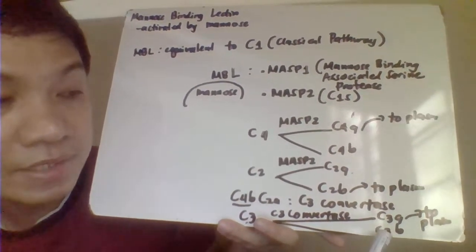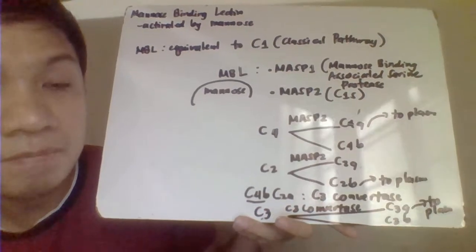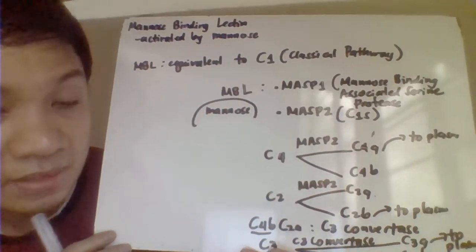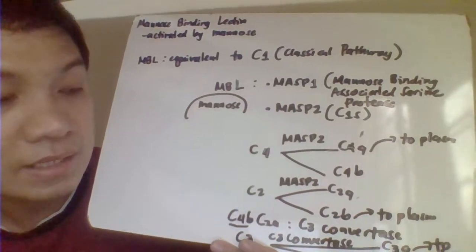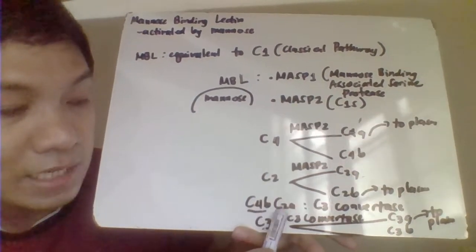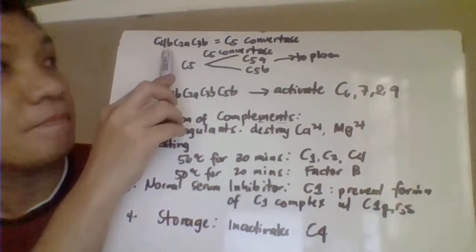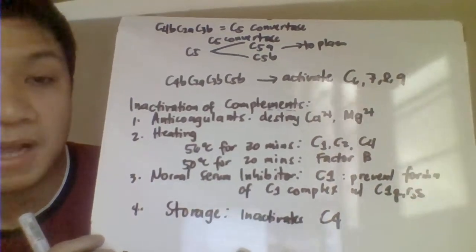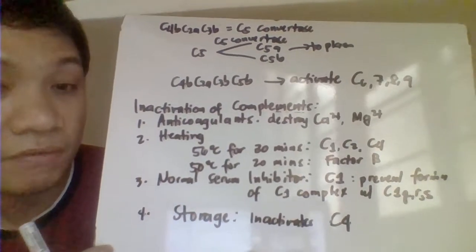Your C3a will be released to your plasma, where it acts as an anaphylatoxin or chemotoxin, and you retain your C3b. The C3b will bind with your C4b2a to form our C4b2a3b complex, and that becomes our C5 convertase.